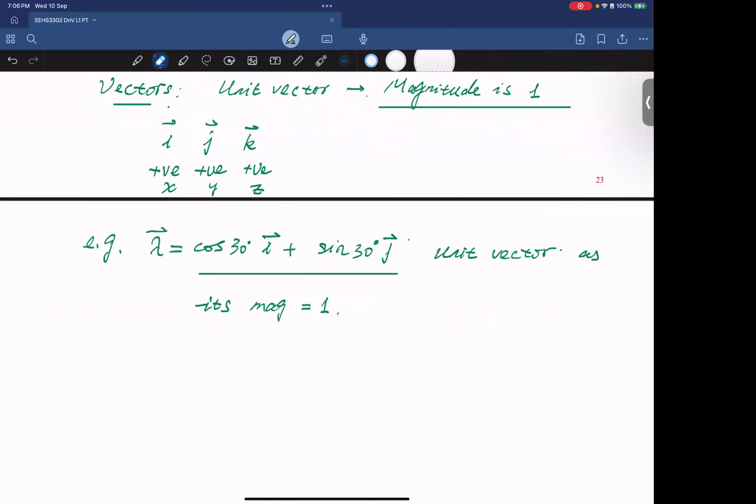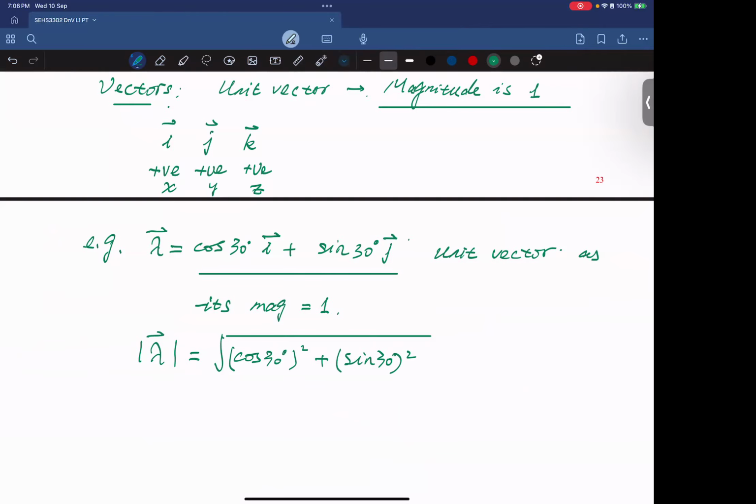The magnitude of lambda is the square of each component, cosine 30 degree square plus sine 30 degree square, and the square root. This is how we calculate the magnitude. We find that this equals 1. Therefore, this is a univector.